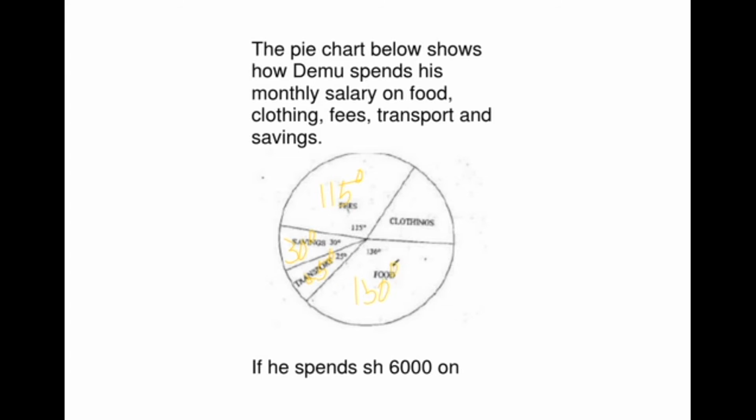And we know that this pie chart is 360 degrees.